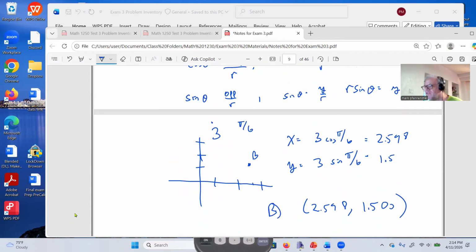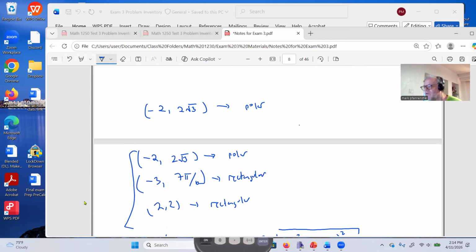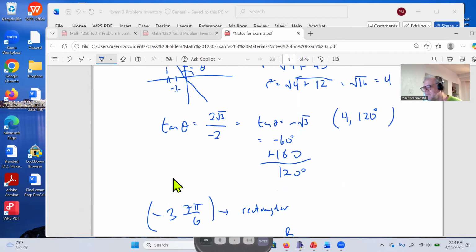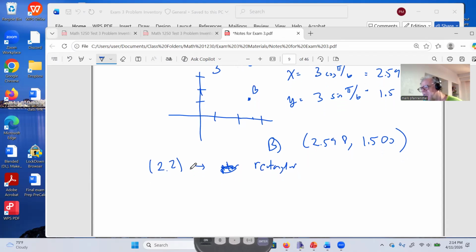Part C says we've got the angle and we've got the polar coordinate, 2, 2. We're changing it to rectangular. Be careful about this because this looks like a rectangular coordinate, but it's not.